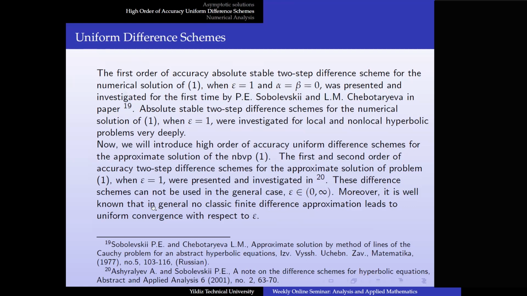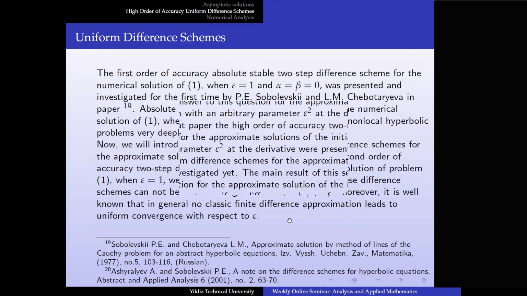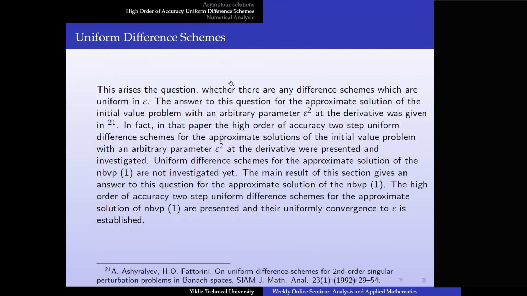Moreover, it is well known that in general, as far as we know, no classical finite difference approximation leads to uniform convergence with respect to epsilon. So this raises the question whether there are any difference schemes which are uniform in epsilon.